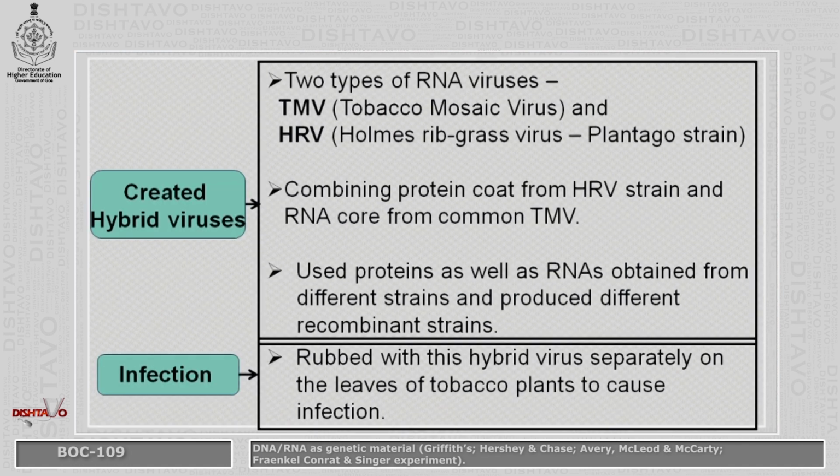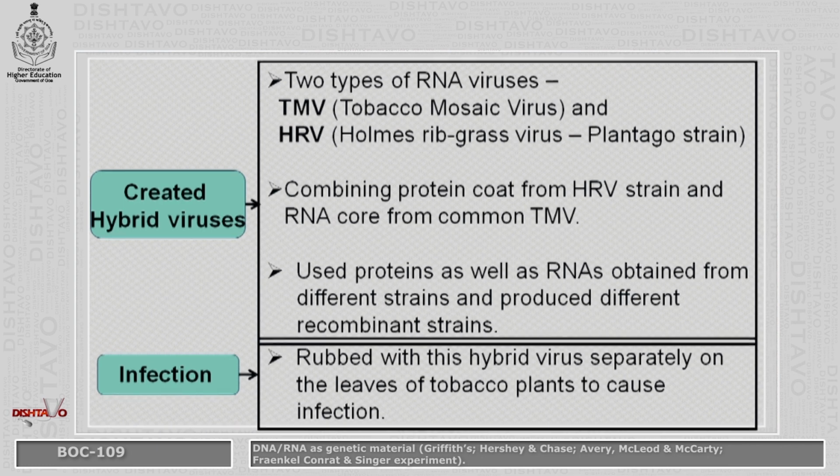They took two types of RNA viruses, that is TMV and HRV, Holmes ribgrass virus Plantago strain, and created a new hybrid virus, taking a protein coat from the HRV strain and RNA from a common TMV strain. Different other strains were also used and produced different recombinant strains.